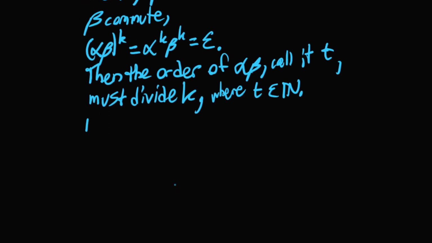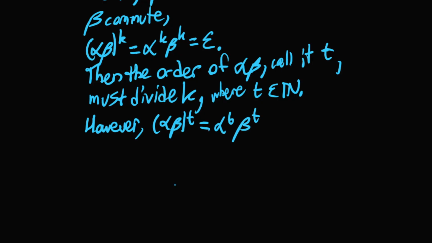However, (alpha beta) to the t equals alpha to the t beta to the t equals the identity permutation.